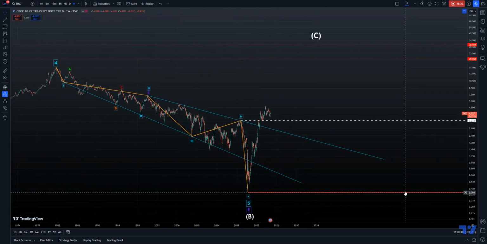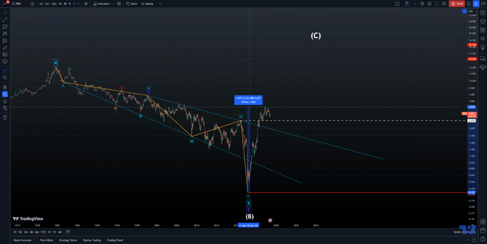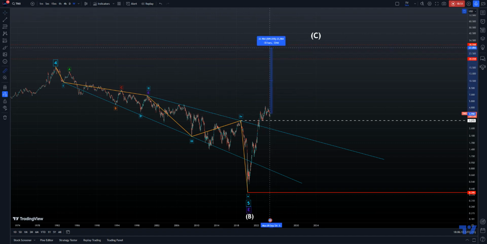Now, interestingly enough, if you're looking at it from this perspective, since that 2020 low, we've only gone up 1,000%. But to 20% from here is only 400%. Could it go higher? Well, it could. I don't know the future. I can't tell you that.